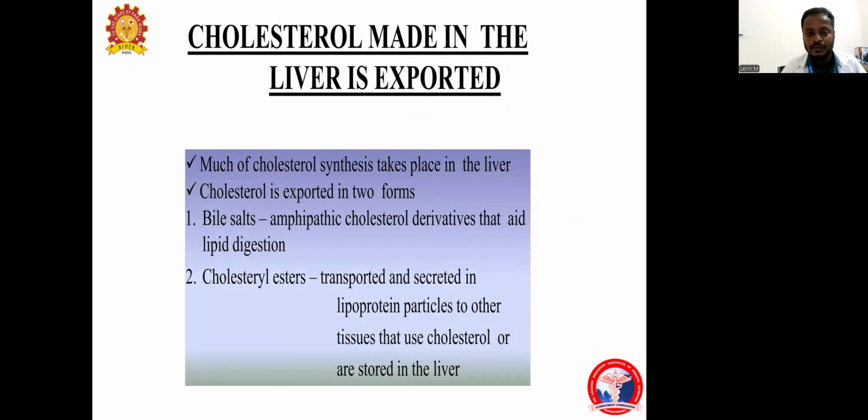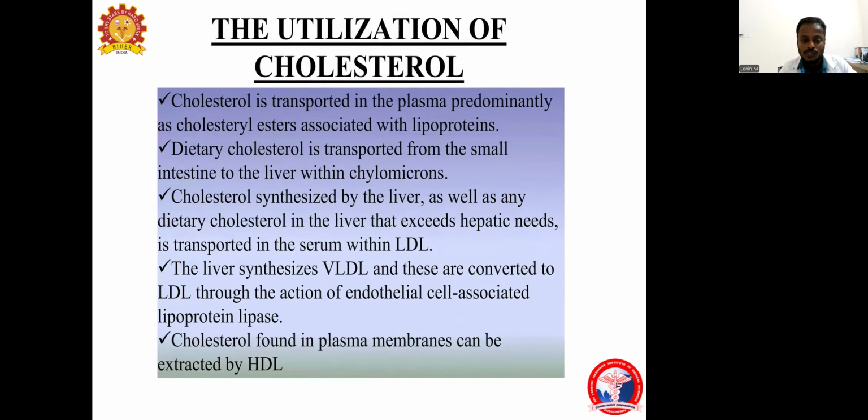Cholesterol made in the liver is exported in two ways: one is bile acid formation, and the second is cholesterol esters. For the utilization of cholesterol, it is transferred to the plasma predominantly as cholesterol ester associated with lipoprotein. Dietary cholesterol is transported from the small intestine to the liver with chylomicrons. Cholesterol synthesized by the liver, as well as dietary cholesterol that exceeds the hepatic need, is transported within LDL.